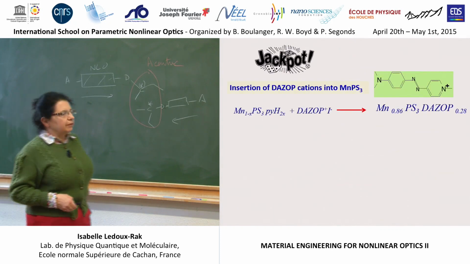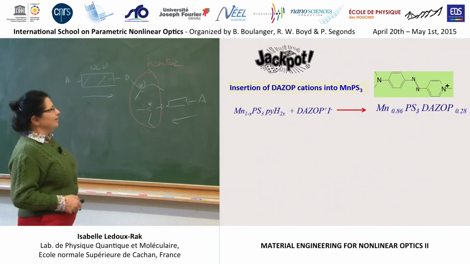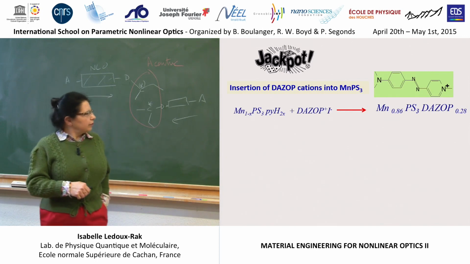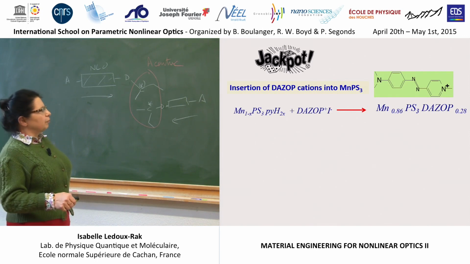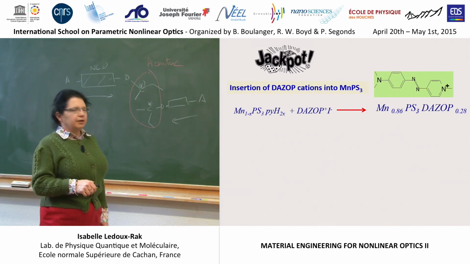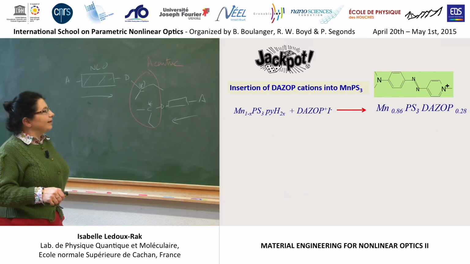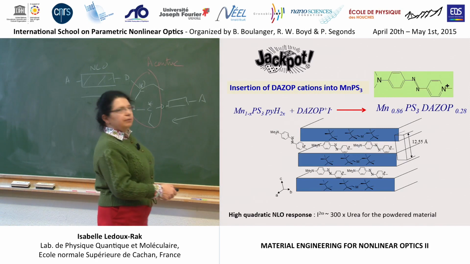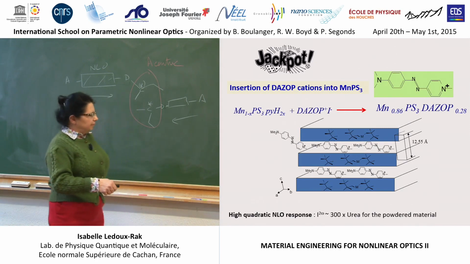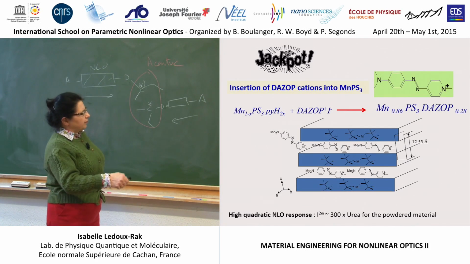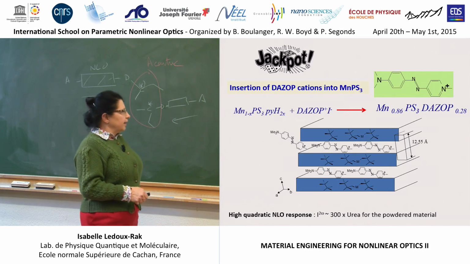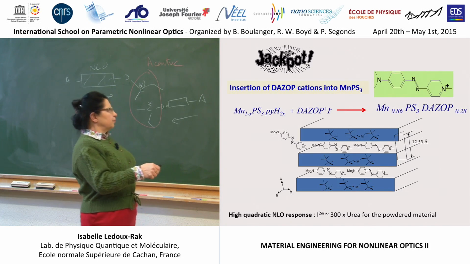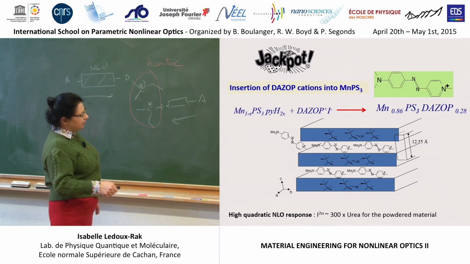I will give you an example of self-organization. This is one successful realization on nanoparticles. The point was to start with a molecule very similar to DR1. This is called DASOP, a synthesis method, and this molecule is inserted in a multi-layered system, a kind of clay, made of an inorganic structure, manganese phosphorus sulfide.